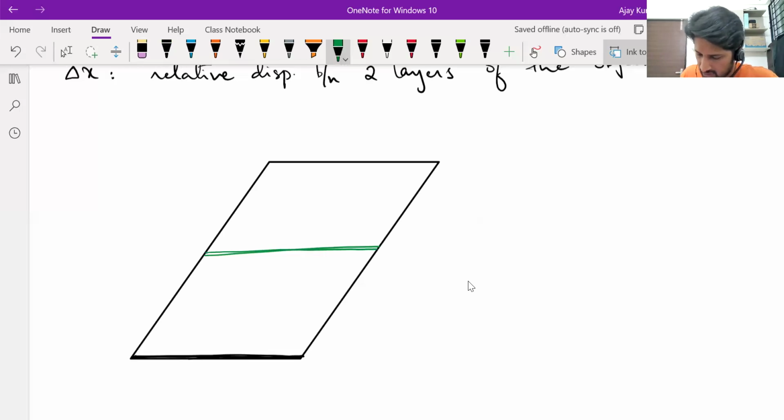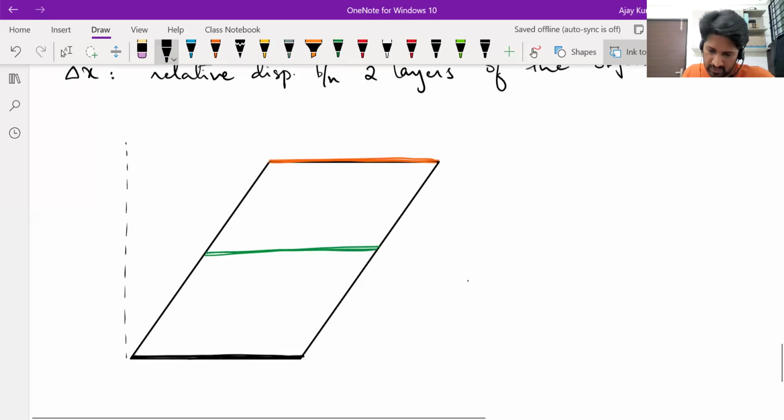And the topmost layer was shaded in orange. All these layers were initially here. The edges of all these layers were initially here. Let's draw one more reference line over here and one here.